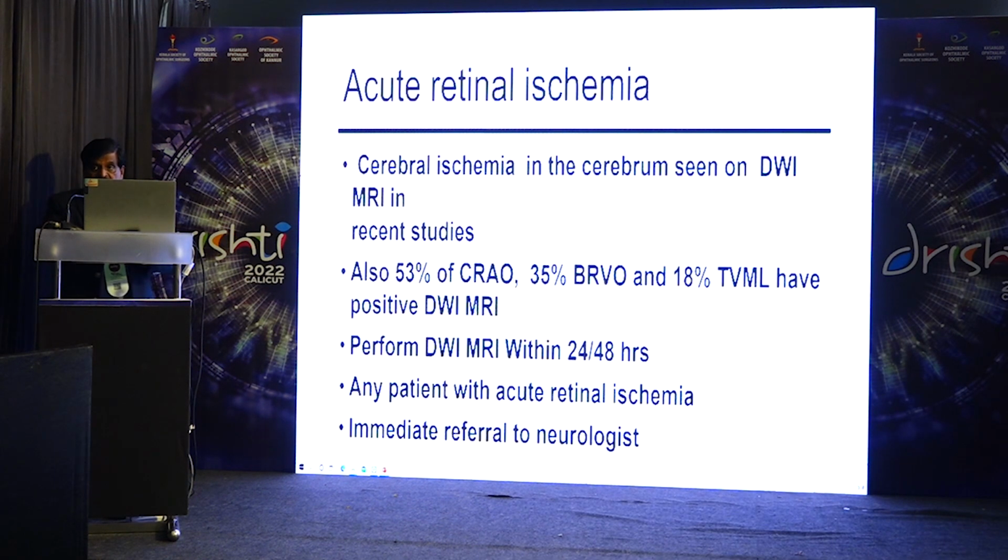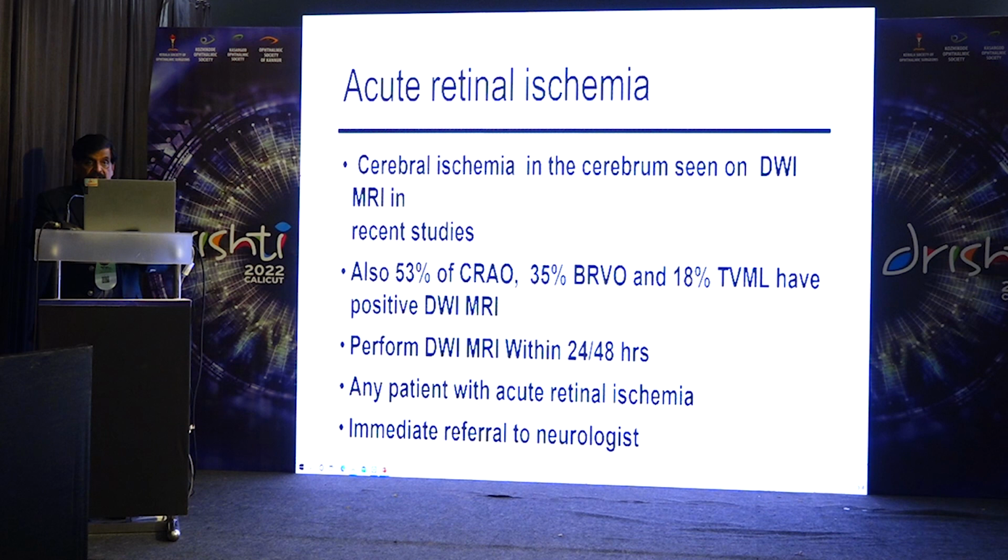You will find that if you take the DWMRI in these cases, you will find there are white lesions, active lesions in the white matter. You see that in about 53% of CRAO, 35% and 18% respectively of TML have these lesions in the cerebrum.